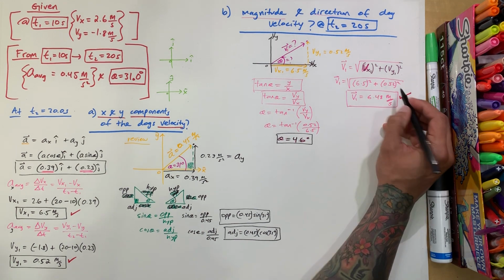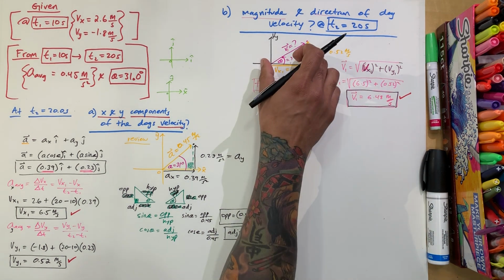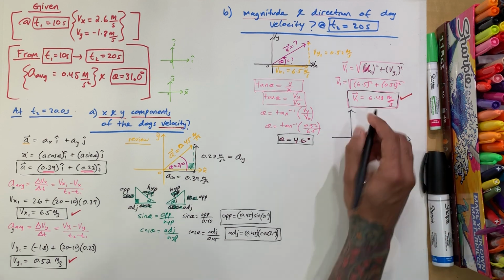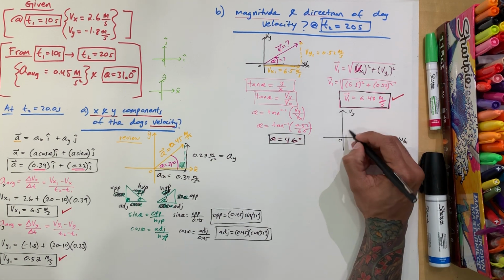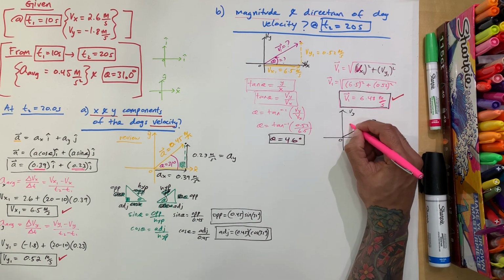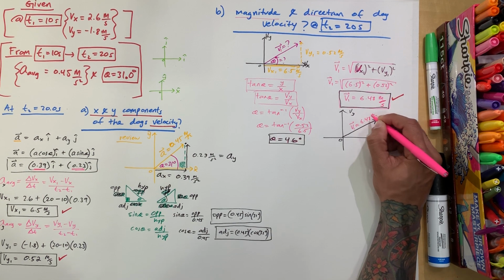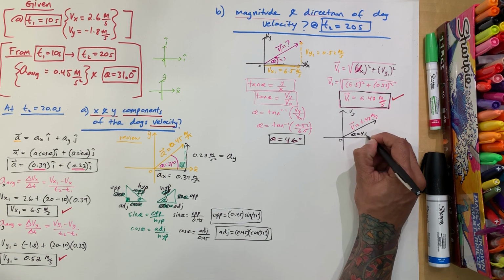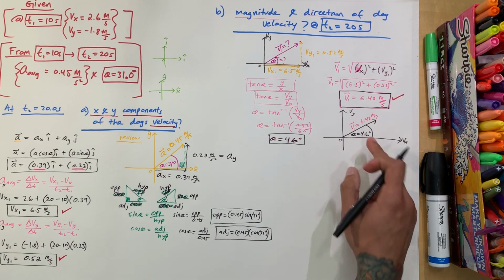So we have the magnitude and we have the angle it's making. Now we can draw the appropriate graph that goes with this. We have Vy here and Vx here. We know that this velocity vector is now 6.48 meters per second, and the angle that it makes here is 4.6 degrees, which is probably a lot smaller than that, but I just wanted to write it in there.